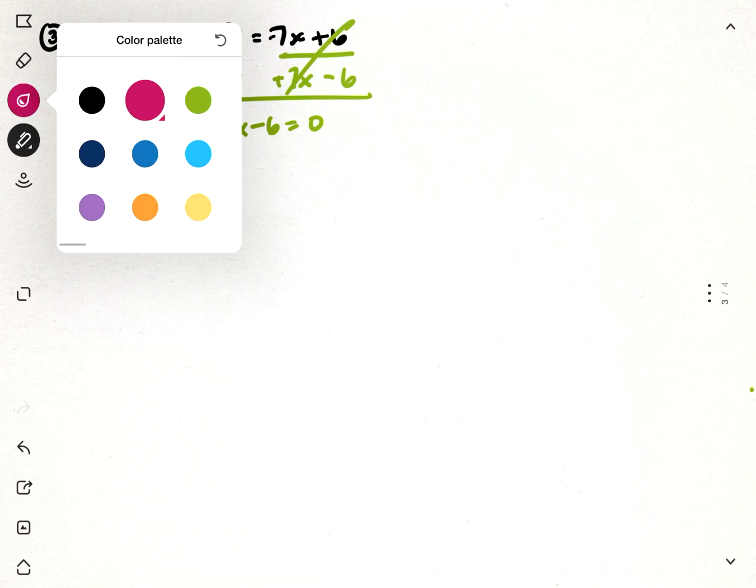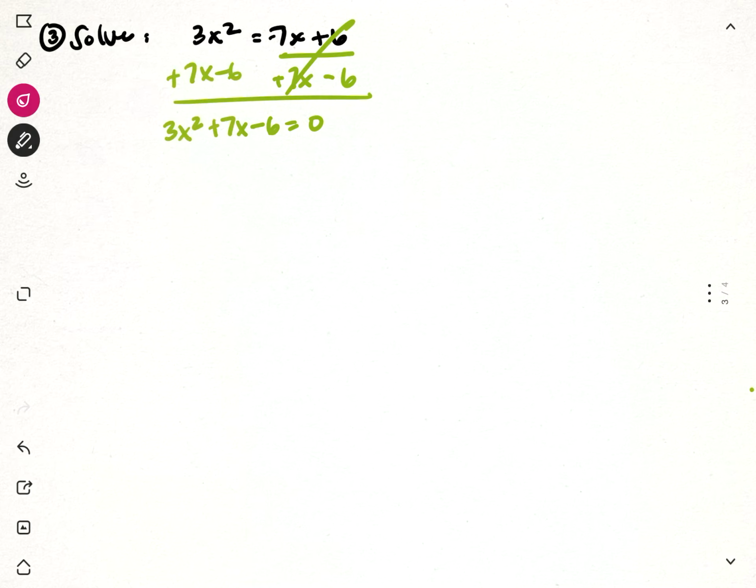Okay, so we got into the correct form. Now we want to identify our a is 3, our b is 7, our c is negative 6. Once we did that, we can do our a times c, 3 times negative 6, which is equal to negative 18. And our b is 7.